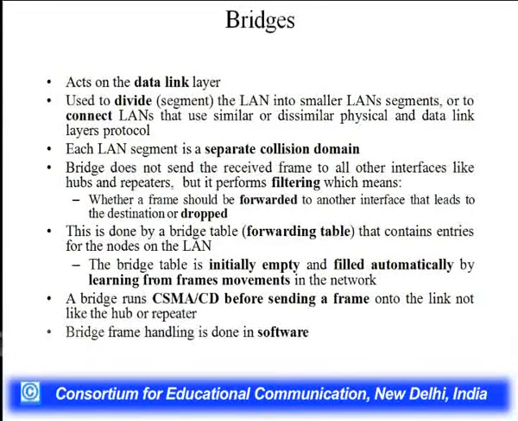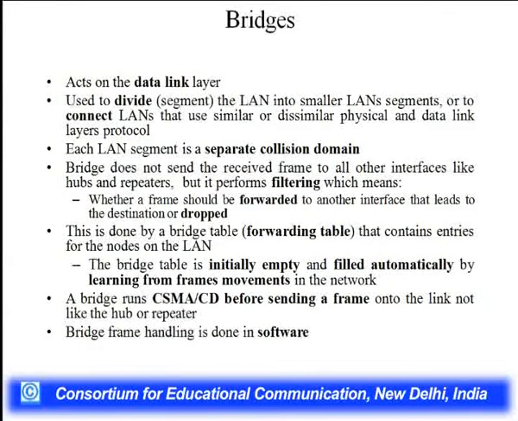A bridge runs CSMA/CD before sending a frame onto the link, not like a hub or a repeater. Bridge frame handling is done in software. So a bridge is a more sophisticated device because we have some kind of software encoded in it which controls a lot of functionality like packet filtering, collision detection and media access, which is not provided by the hub or the repeater.